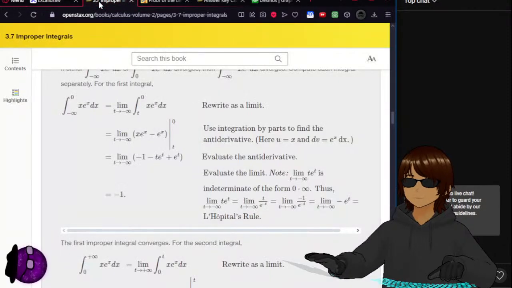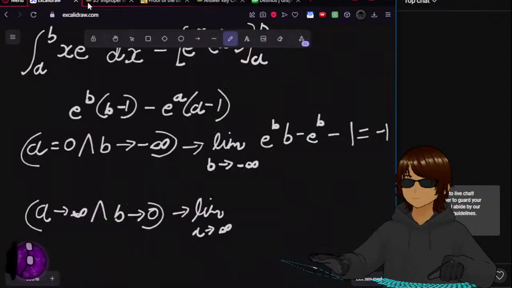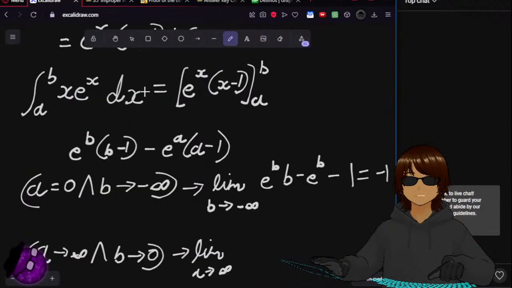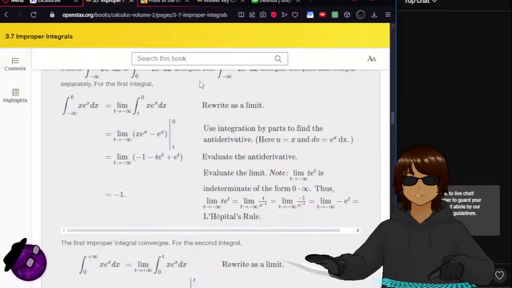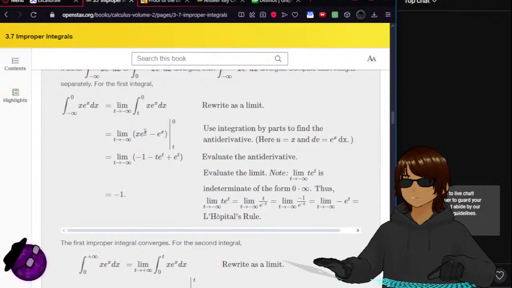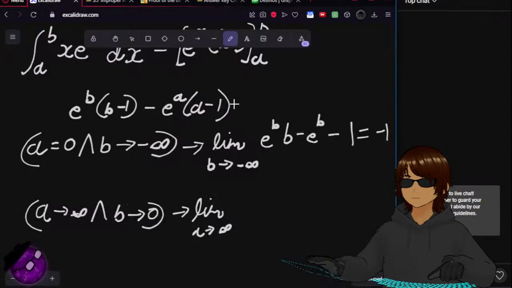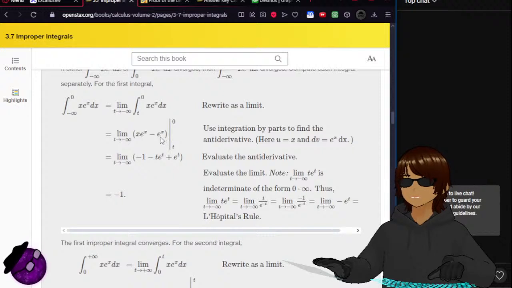Shouldn't this be +1? Because when this is 0, this becomes -1. Yeah, this becomes -1, but you're subtracting it, so it becomes +1.